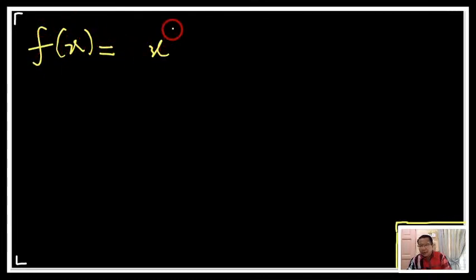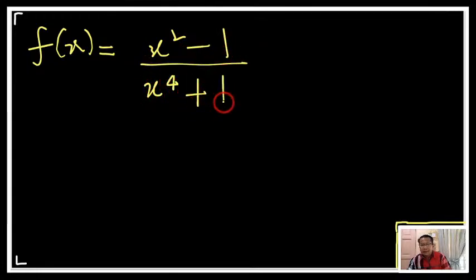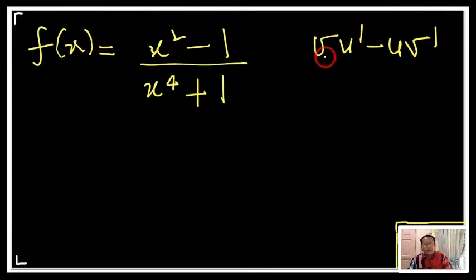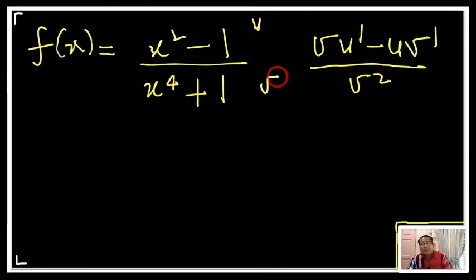You also have the quotient rule. Let's say you have f(x) equal to x squared minus 1 over x power 4 plus 1. Quotient rule. The formula is v u prime minus u v prime. I like this one because it is v u prime plus u v prime for the product rule, and for the quotient rule v u prime also, but this time minus. Divide, minus; multiply, plus; over v squared. One is u, one is v.